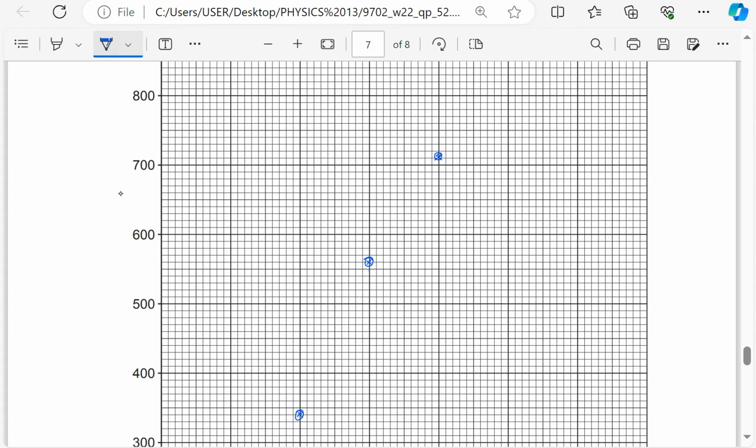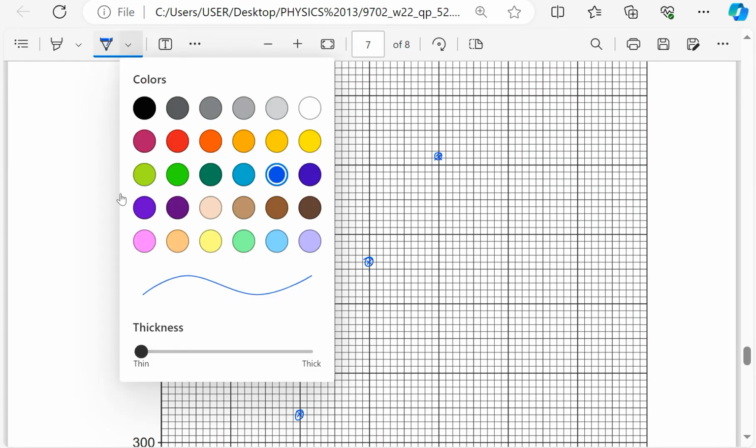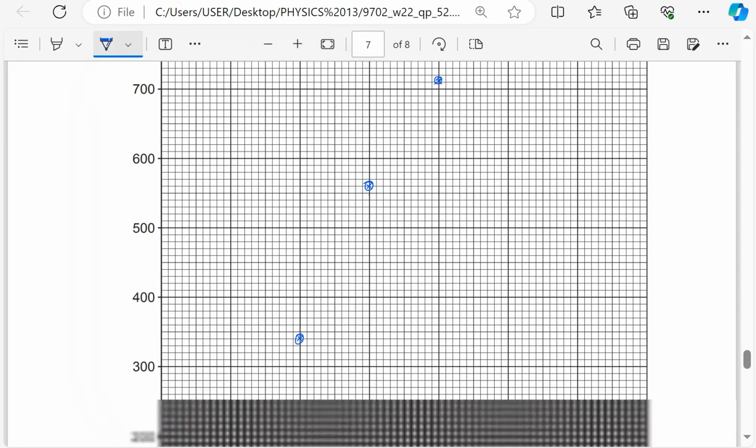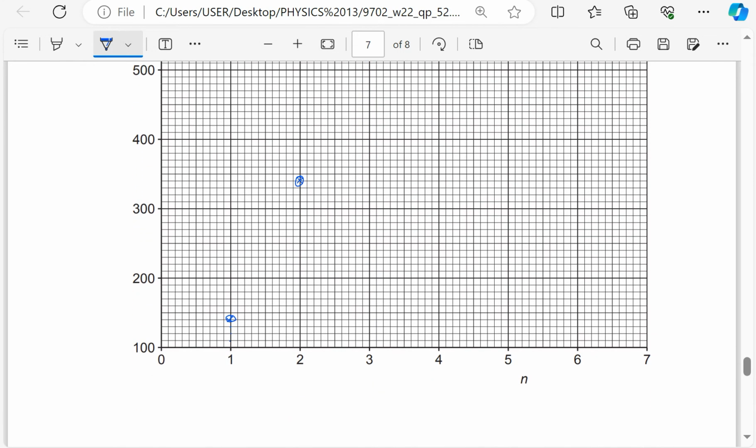For the error bars, I'll slightly increase the thickness. You can always pass there the pencil twice so that you make it bold. The first error bar was 20. So 20, those remember each box is 10. So 20 means 2 boxes above and 2 boxes below.